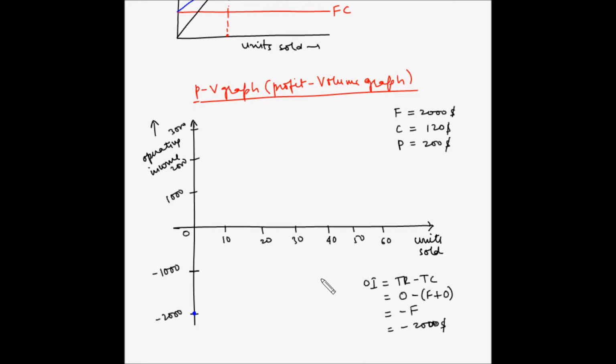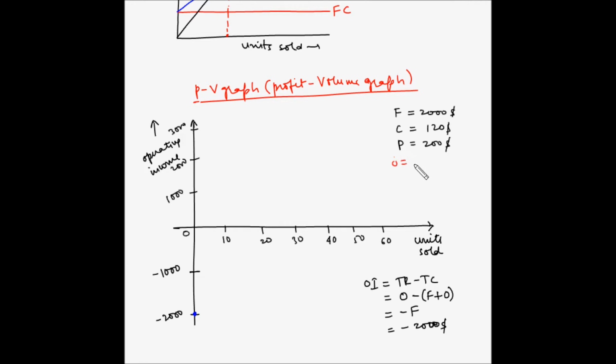So one of the points is this point here. Now the second point can be the break-even point, where the operating income is 0. That means the point at which this line will intercept the x-axis. So the operating income is 0. We'll use the same formula.